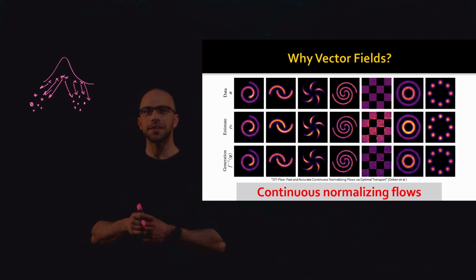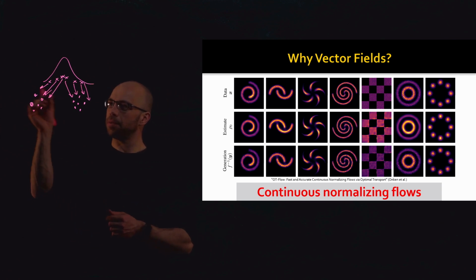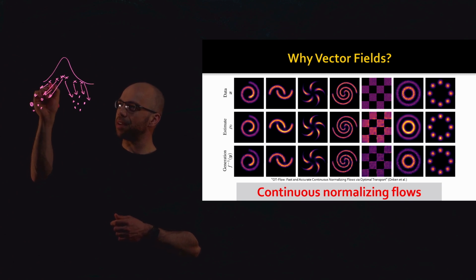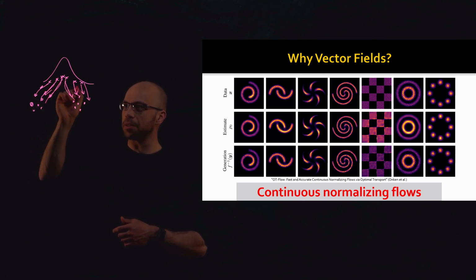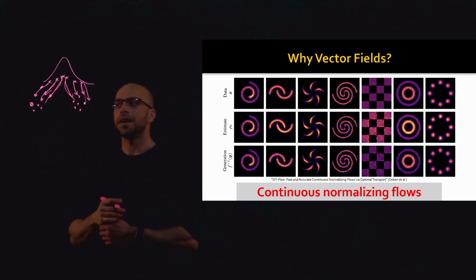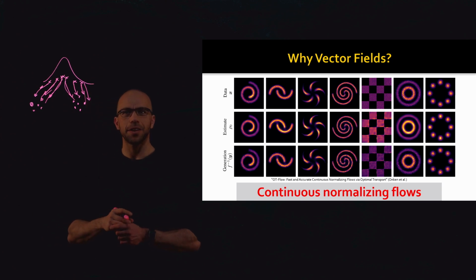Right? So in this case, the vector field is really like a flow, which is giving me some path where samples can start being samples from Gaussians and end up being samples from this more complicated distribution. The vector field itself is parameterized in kind of an interesting way, which is actually using a neural network.